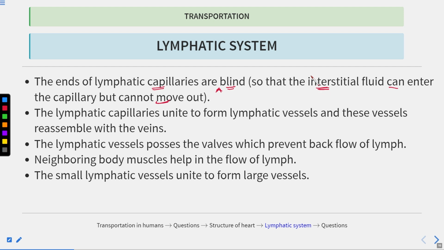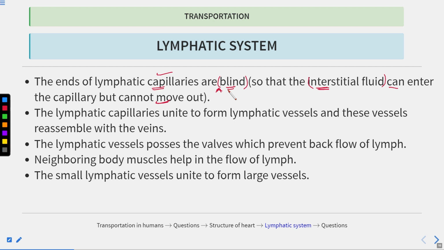This interstitial fluid carries a lot of waste material. So this waste material is later eliminated out of the body, and this interstitial fluid remains in the lymphatic capillaries only because they are blind. It cannot move out and remains in the lymphatic capillaries, and then later on it is eliminated.